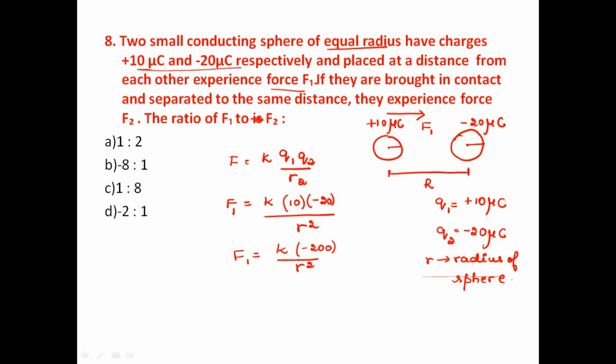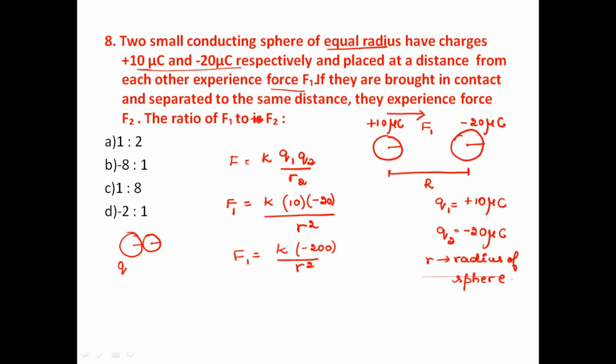Then what is done? Both the spheres are brought into contact. Both the spheres were touched with each other. What happens when they are in contact? When the spheres are together, since they are of the same radius, their charges will be shared with each other. What happens to the charge here?